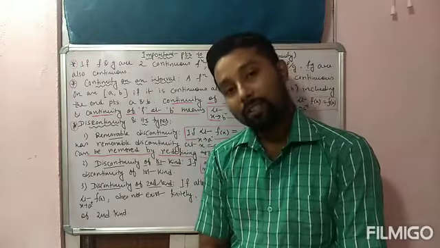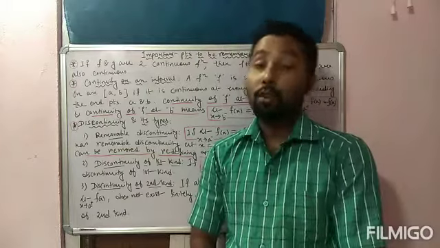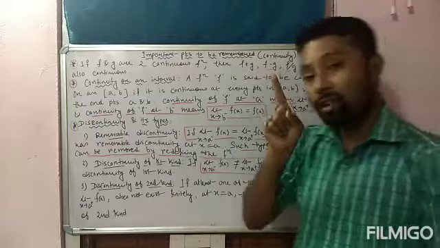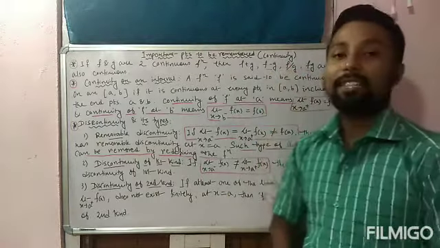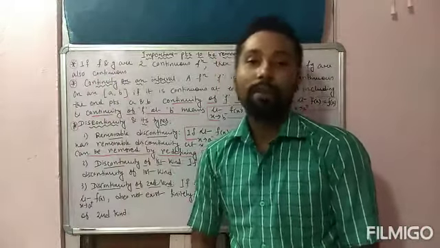Product of these two functions is also continuous. f minus g is also continuous, as well as f by g is also continuous provided g of x is not equal to 0. Okay, this is the first point to be remembered.